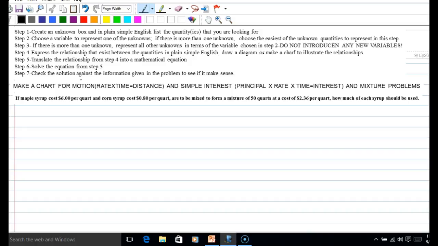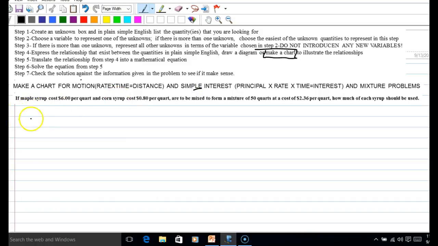Again, remember, however, if it is a motion problem, we're going to use the formula rate times the time is equal to the distance. If it's a simple interest problem, we're going to use principal times the rate times the time is equal to the interest. And if it's a mixture problem or any of these other 2 types, again, to simplify it, we're going to make a chart.